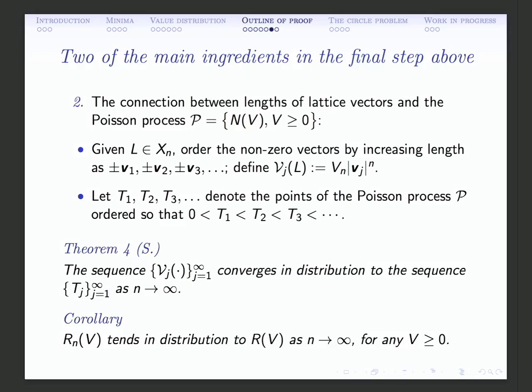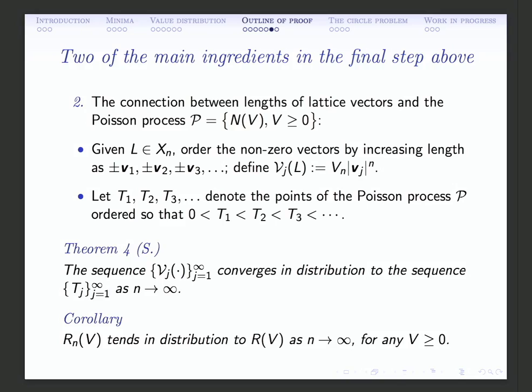So typically, these sort of rescaled lengths of a random lattice, the lattice vectors, behave like points of a Poisson process, and that's really the key of the results I'm talking about.